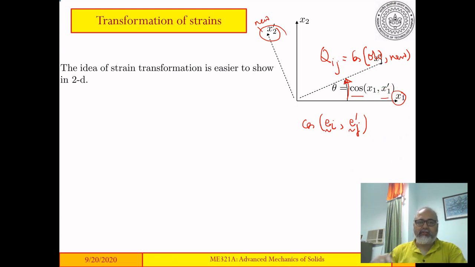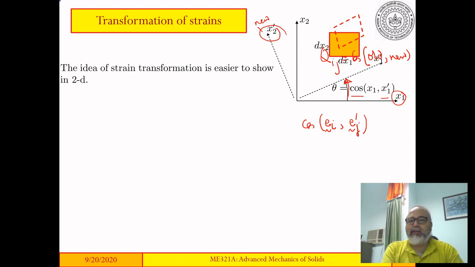So when you do this transformation, what exactly we are doing is we can look at this from a physical point of view and say that when we were working in the old coordinate system, this was our pillbox in 2 dimensions with sides dx1 and dx2, and suppose after deformation it got into this shape.